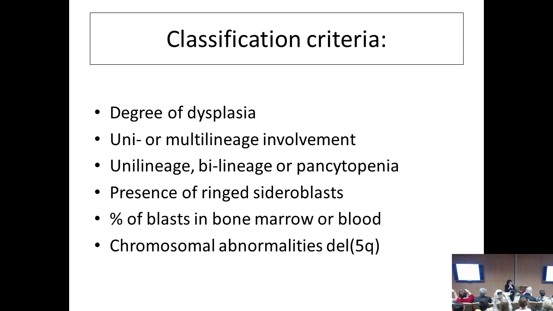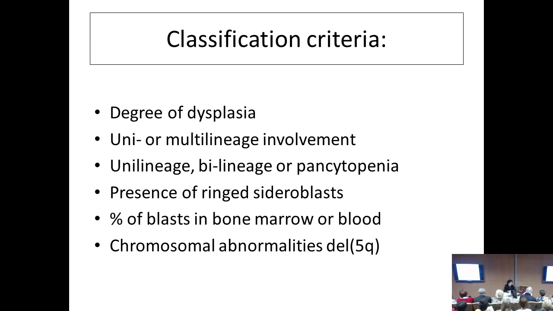How do we classify MDS? We classify MDS with these criteria: the degree of dysplasia, the uni- or multilineage involvement, that is, one lineage showing dysplasia, or two or all lineages. Then, is the cytopenia affecting only one lineage, two lineages, or all lineages, then it is a pancytopenia.